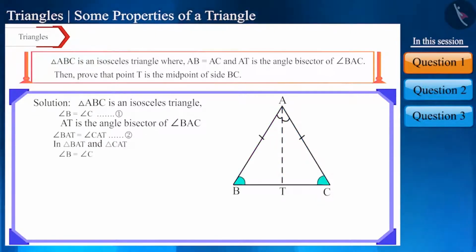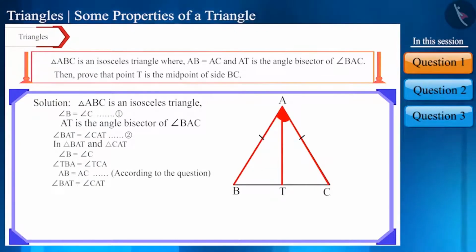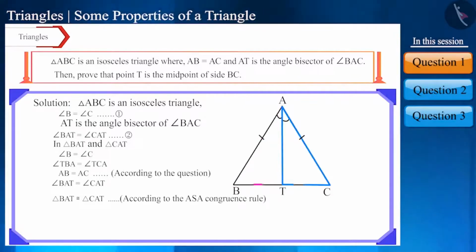Angle B and angle C are equal. And we can also write angle B as angle TBA and angle C as angle TCA. And it's given that side AB is equal to side AC. Angle BAT is equal to angle CAT. Therefore, by the ASA rule, these two triangles are congruent.